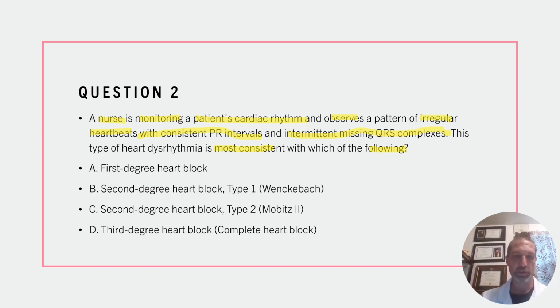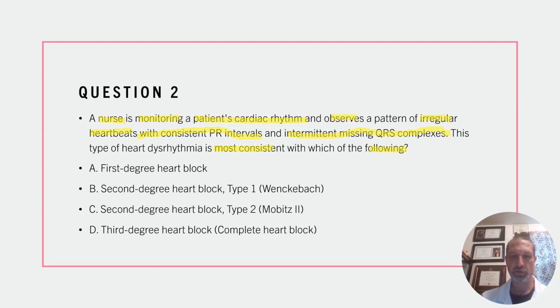So, looking at these keywords, the question is basically saying, give me a diagnosis. So we're going to take a look and see what our choices are. We have first degree heart block, second degree heart block type 1, Wenckebach, second degree heart block type 2, Mobitz 2, and third degree heart block, which is a complete heart block.